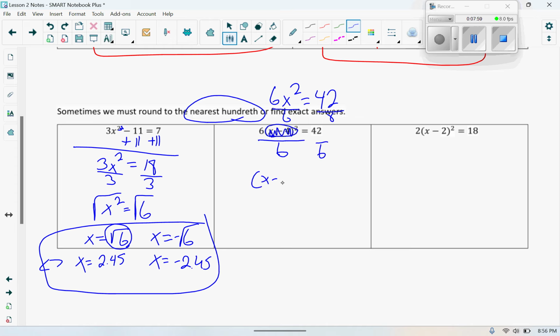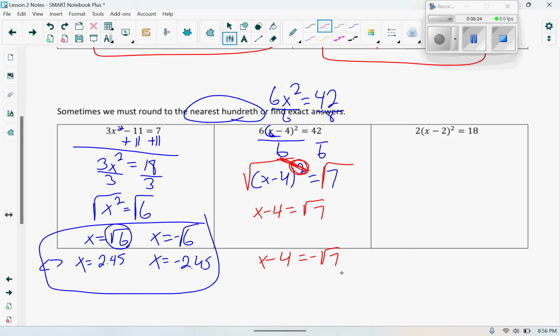Okay, now anytime you have a squared, the way to undo that is by taking a square root. So just like we talked about in class, those are going to cancel out, and I get x minus 4 is equal to positive square root of 7, and x minus 4 is equal to negative square root of 7.